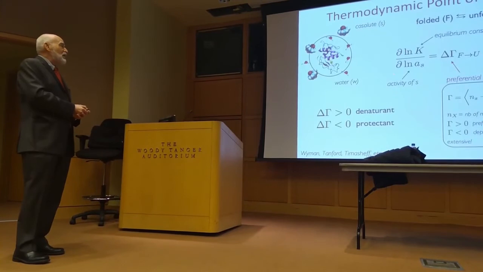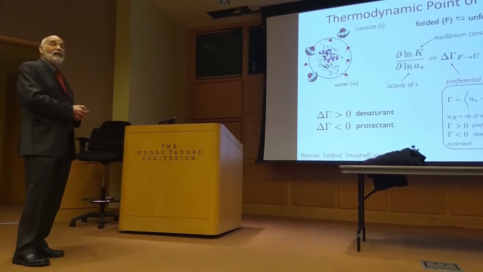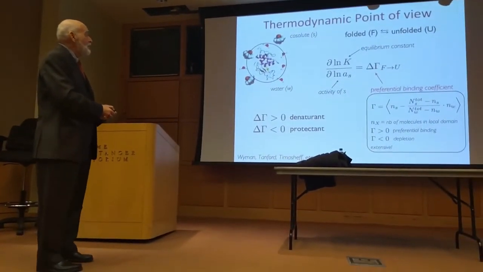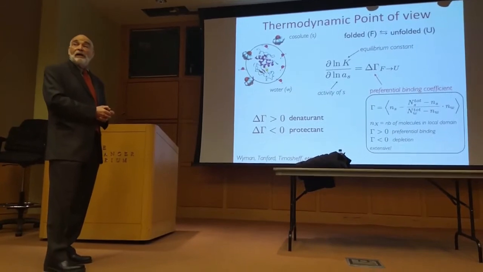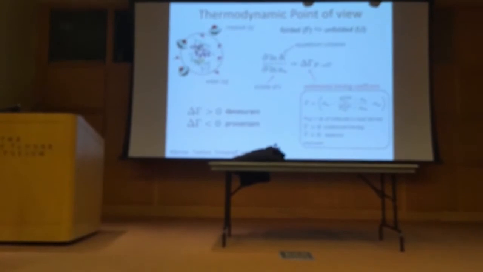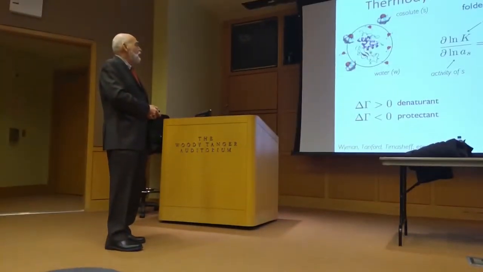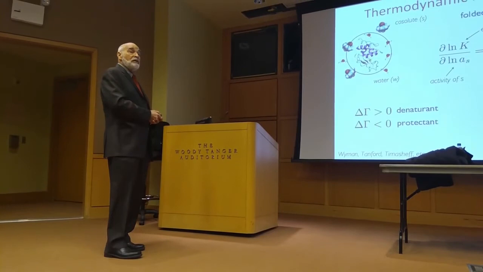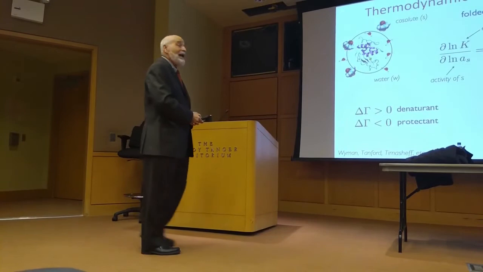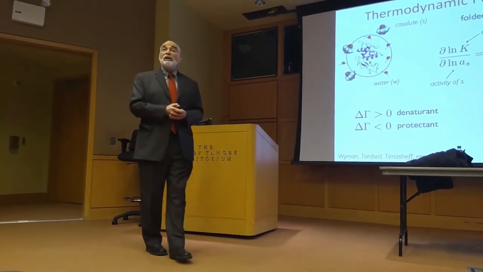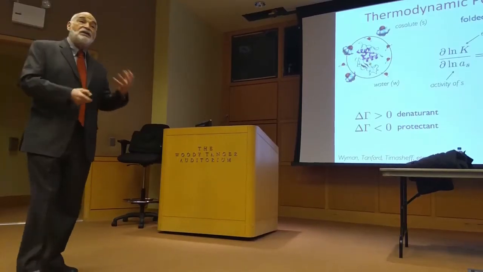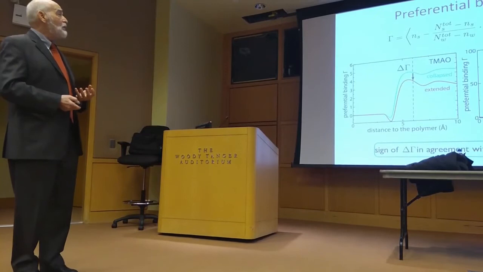The derivative of that is like the chemical potential, but this is the activity. So how the equilibrium constant varies depends on a preferential binding expression, which I'm not going to go into in detail. But what it shows is that if delta gamma is greater than 0, you'll get denaturation, and if delta gamma is less than 0, you get a protectant like TMAO. And we showed that happens in these simulations, and we were able to try to understand what it is about the interactions that does that. So that was sort of interesting.